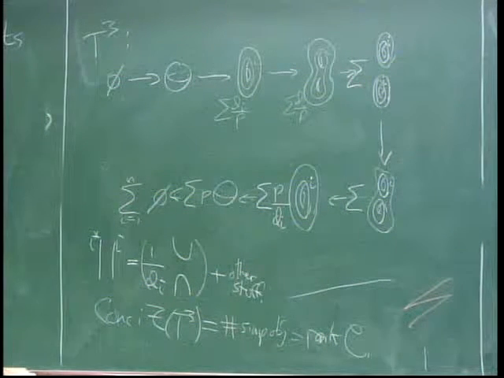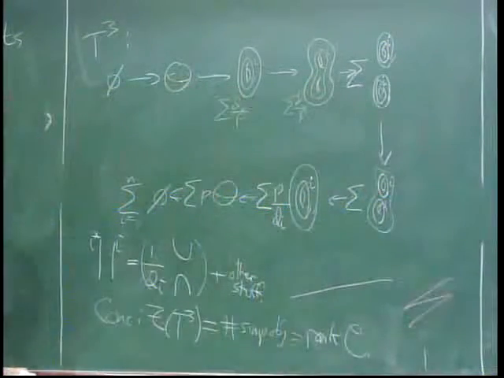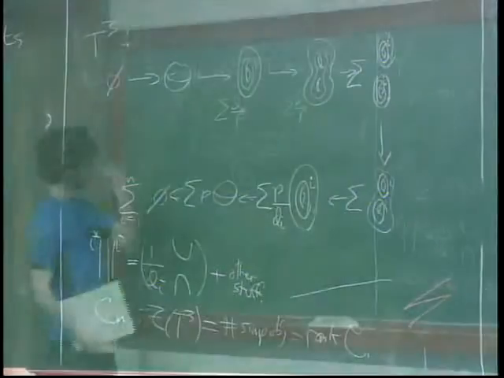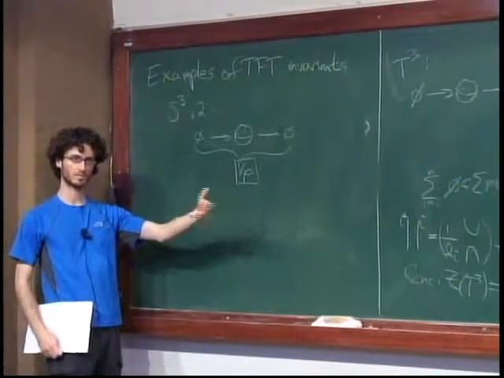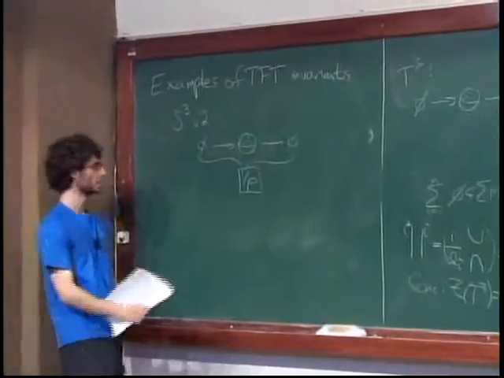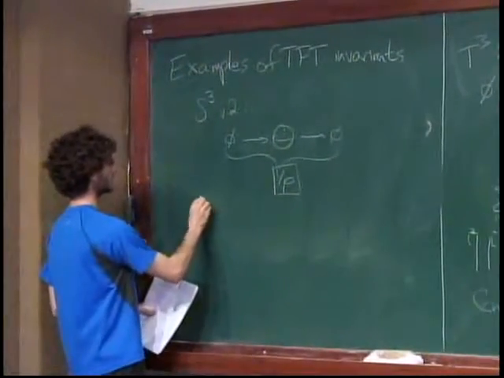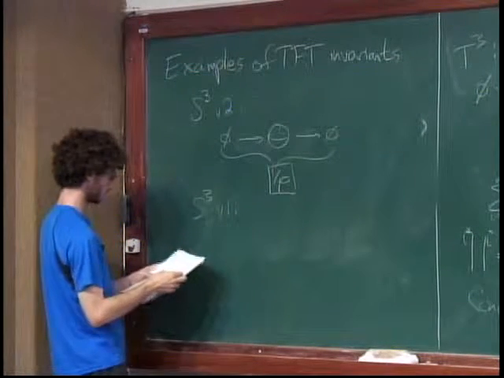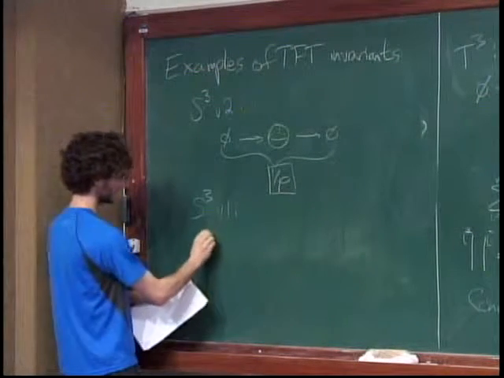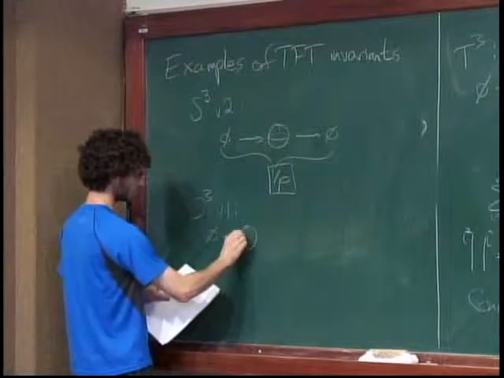So the reason I called this S3 version 2 is that there are some other examples. I mentioned that the invariant you get depends on the bounding four-manifold implicitly, and so you can present S3 in other ways. For instance, I won't do the whole computation, but I'll show you what you could do.